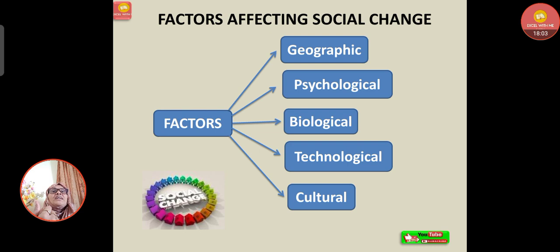Now, the next one is cultural factors. That is, culture encompasses values, styles, ideals, beliefs, traditions, emotional attachment, etc. These affect the society to a great extent and in a significant manner. According to Max Weber, social change takes place along with the cultural changes.